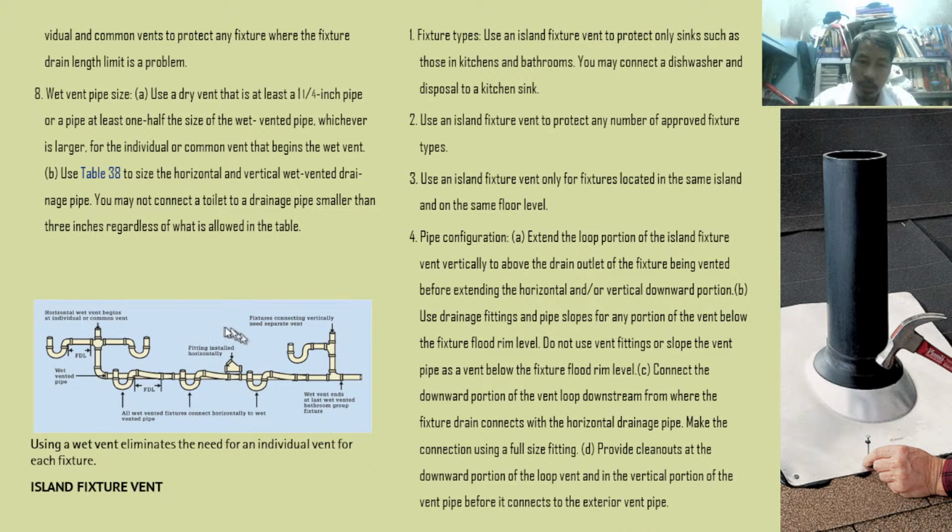This is the explanation for the why that we already discussed. This is how the wye fitting is supposed to be connected. This is what we call a common vent. So one here and one for the other.